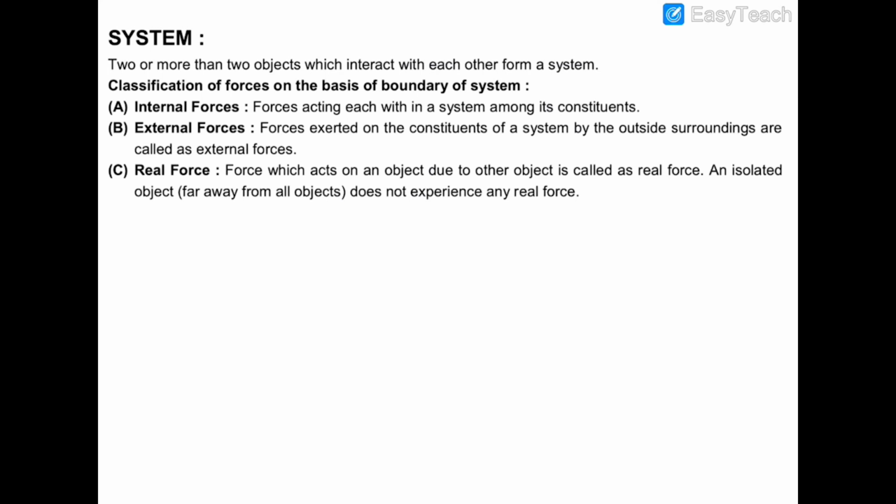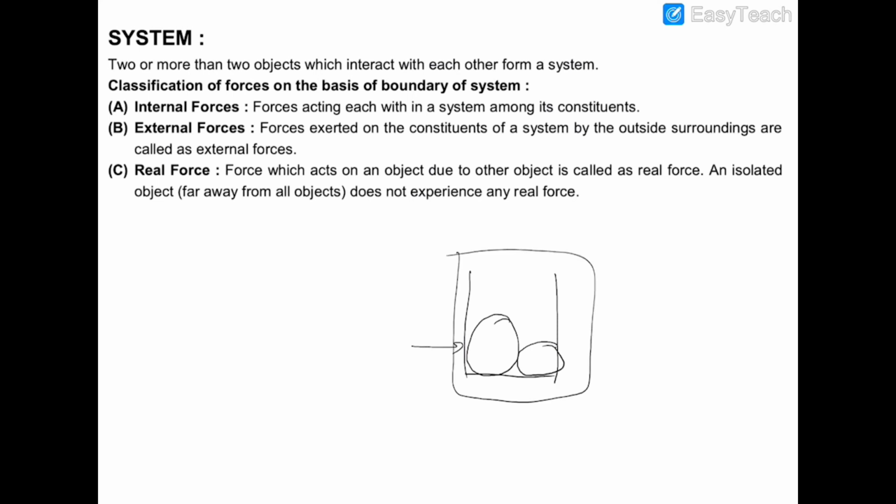I can illustrate this: there is a box in which two balls are kept like that. This box is a system, and the force acting between these two balls is an internal force. If some boy applies a force F on this box from outside, then this is an external force.